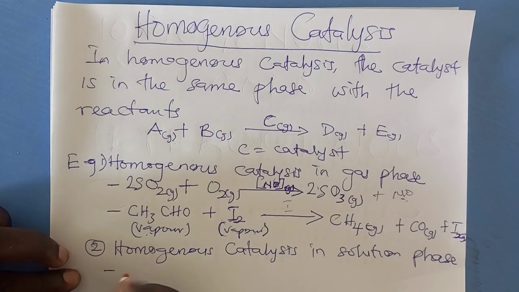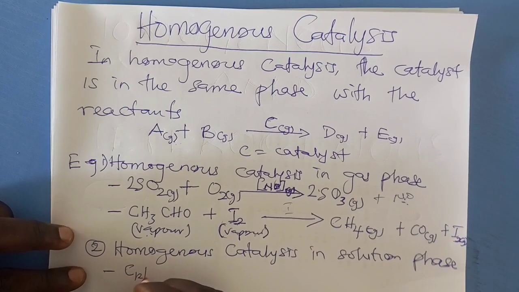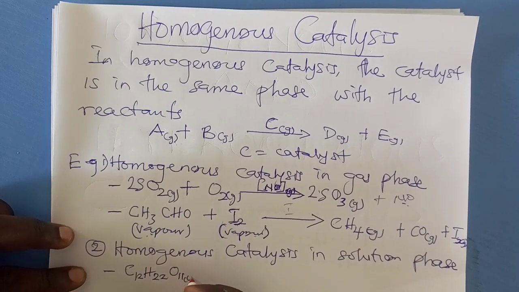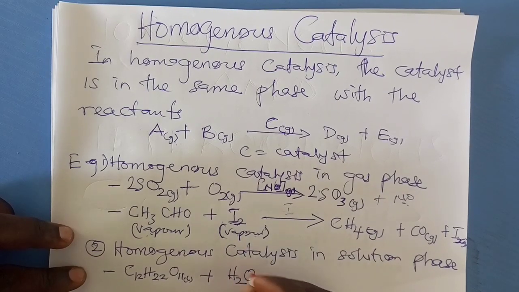An example under that is cane sugar, C12H22O11, in liquid form, undergoing hydrolysis using water.